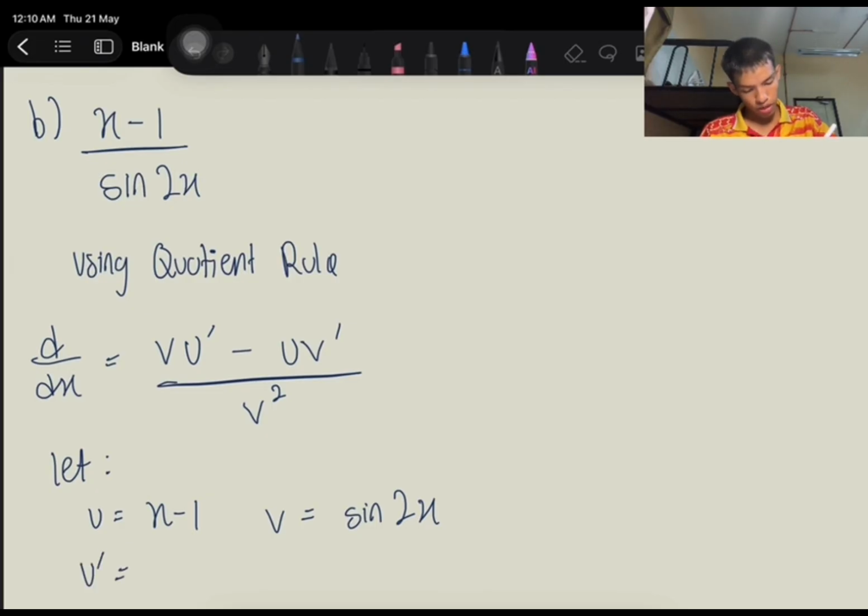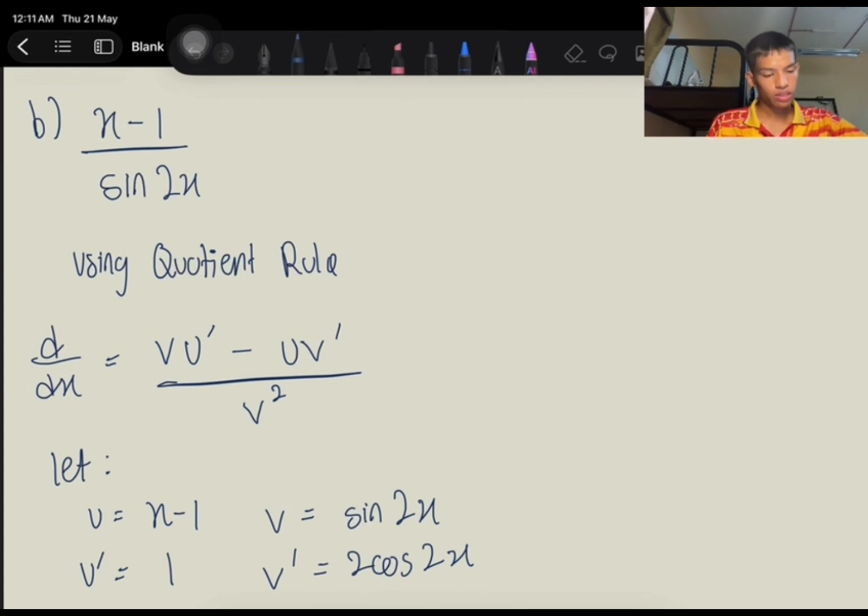Differentiate: u prime, we get 1, v prime, we get 2 cos 2x. Okay, substitute in formula.